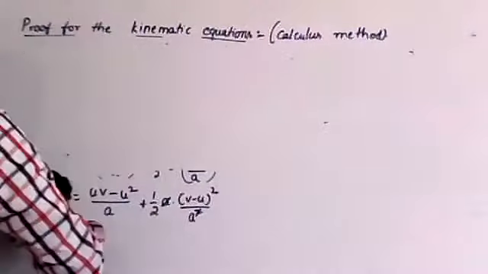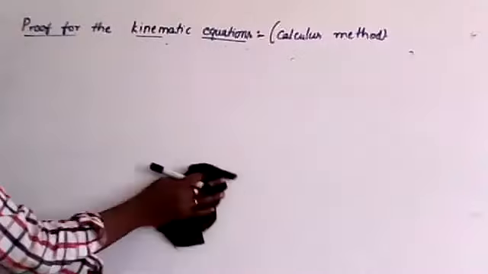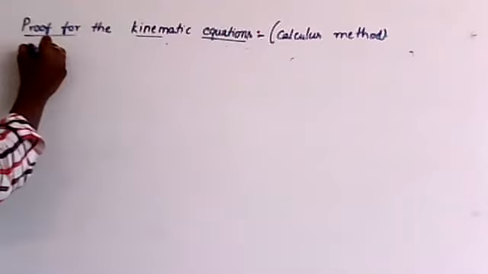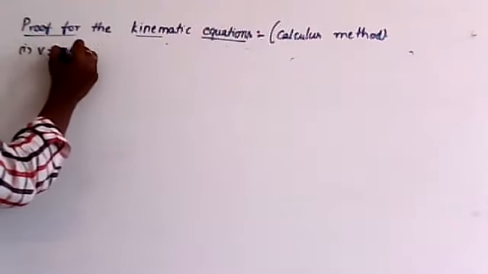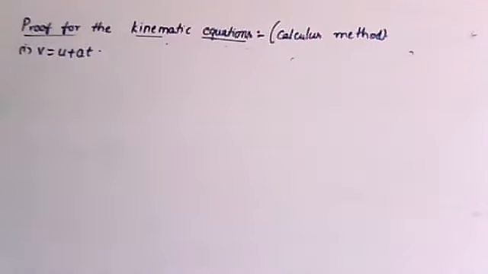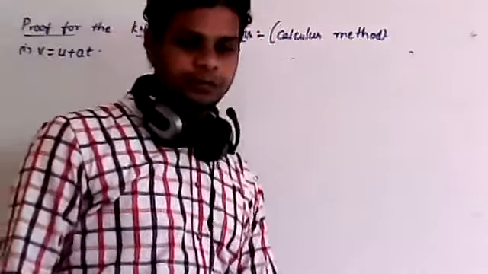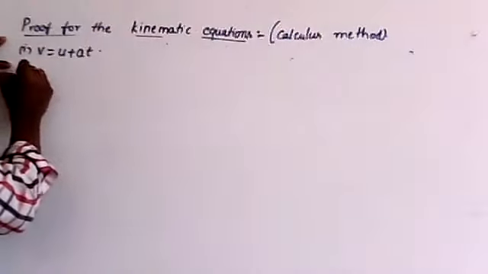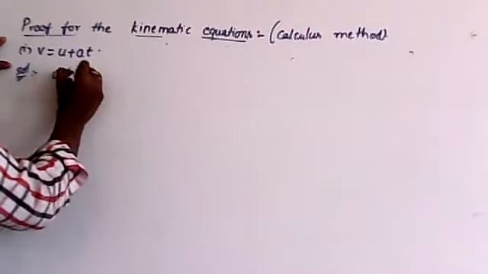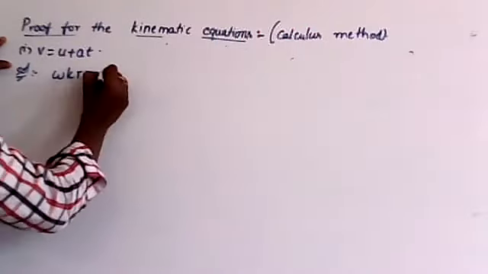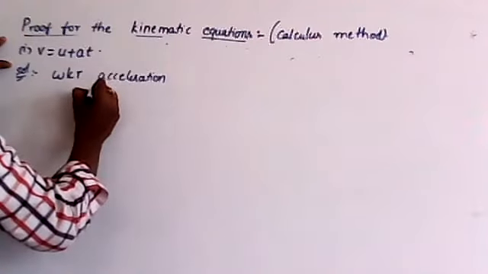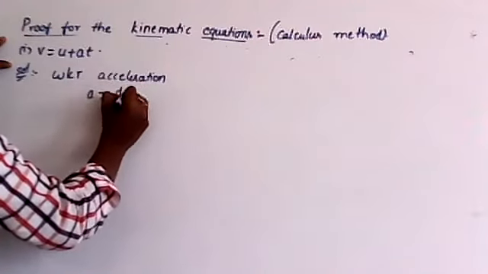Now in the calculus method, the first relation I'm going to derive is v is equal to u plus at. Are you clear? Now I'm going to do the solution for it. So we know that acceleration a is equal to dv by dt.